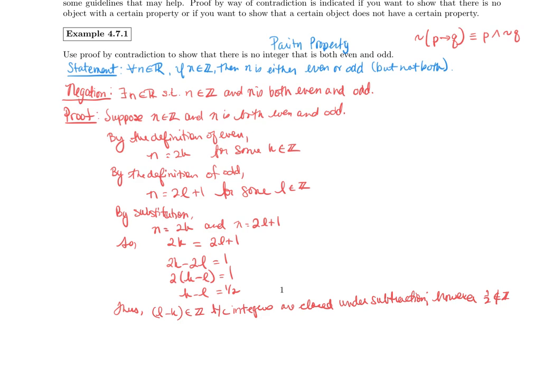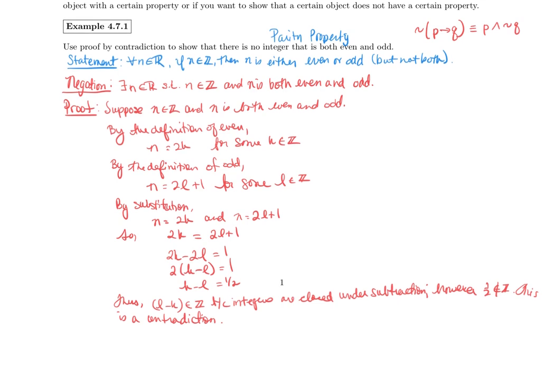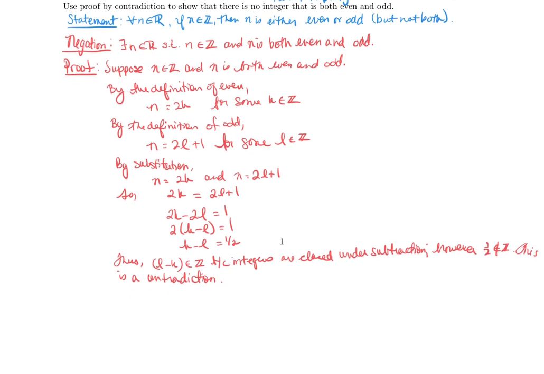So this is a contradiction. So we just hit step 2. Show that this supposition logically leads to a contradiction. And then step 3 is then to conclude that the statement to be proven must be true. So that's where we finish it out.